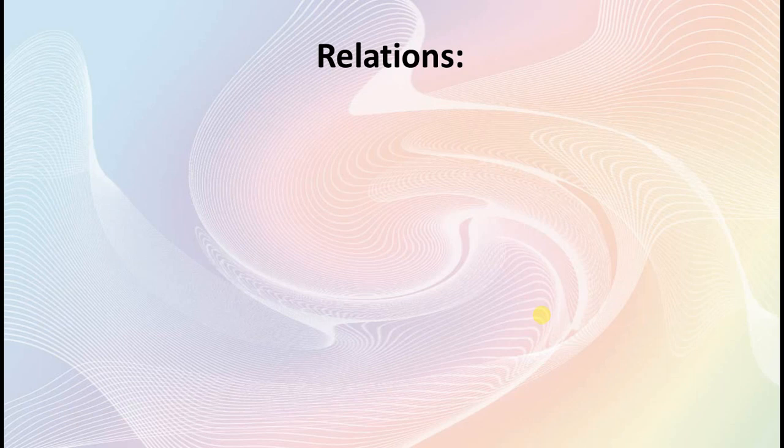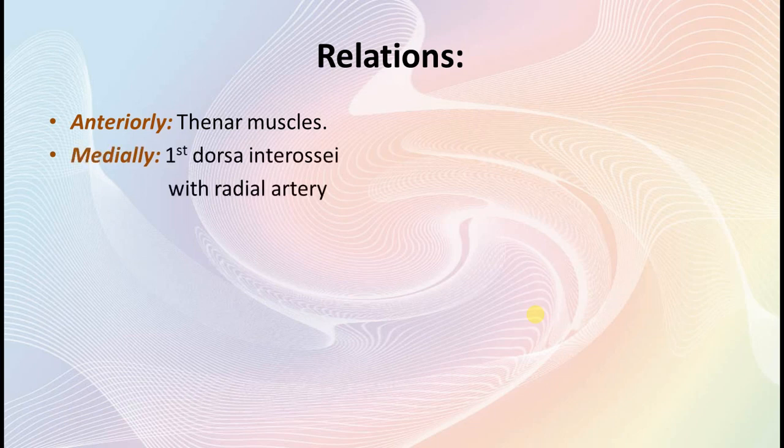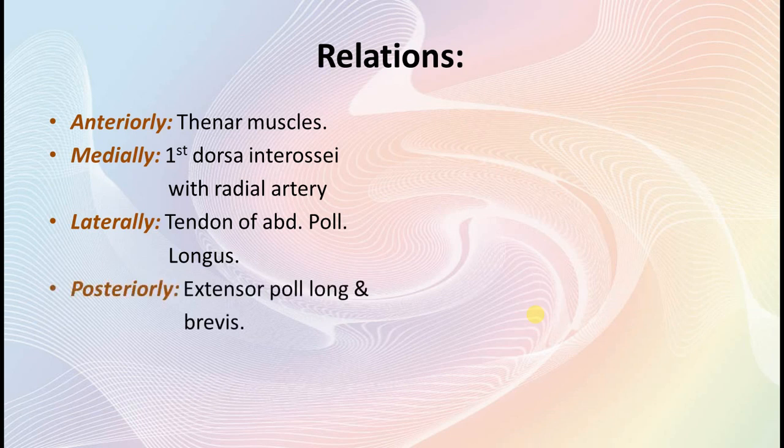Coming to the relations of the carpometacarpal joint of the thumb: anteriorly thenar muscles, medially first dorsal interossei, with the radial artery passing between the two heads of the dorsal interossei. Laterally you have the tendon of abductor pollicis longus, posteriorly extensor pollicis longus and brevis.